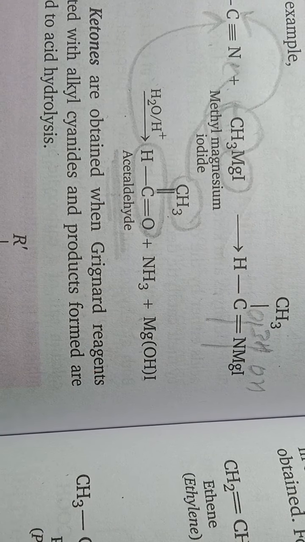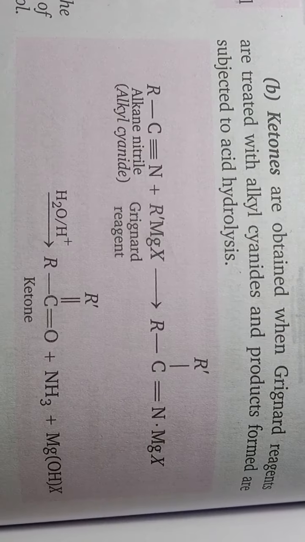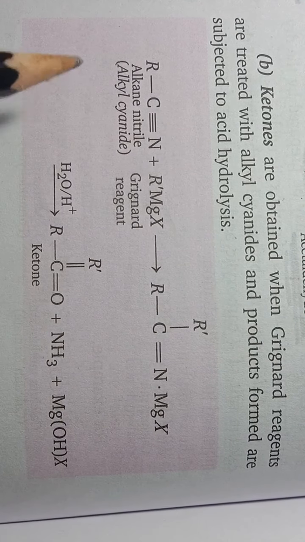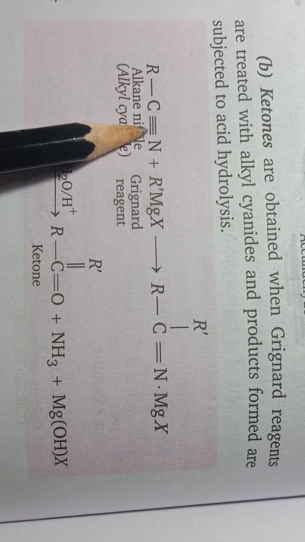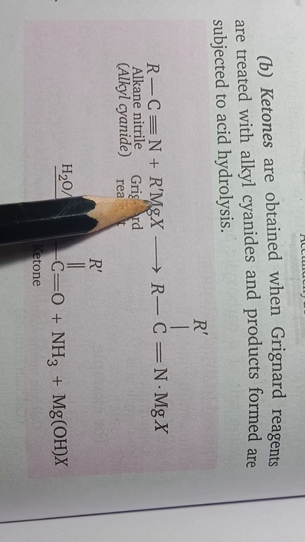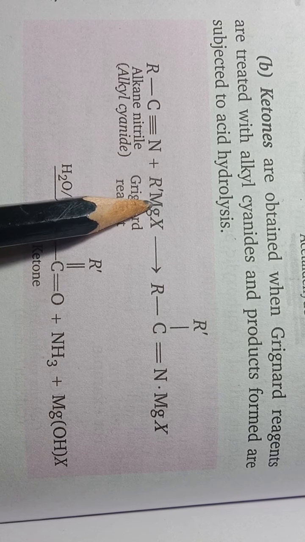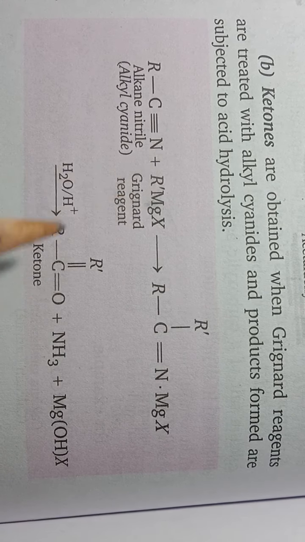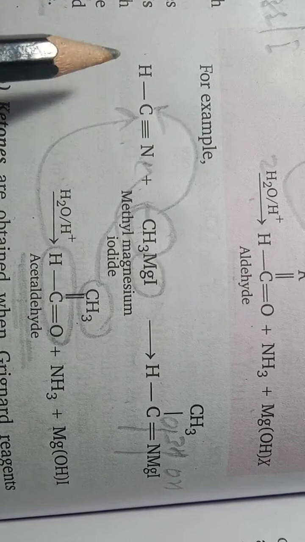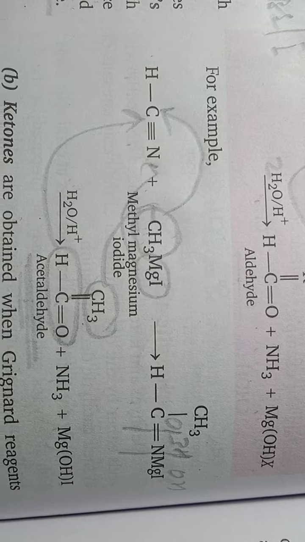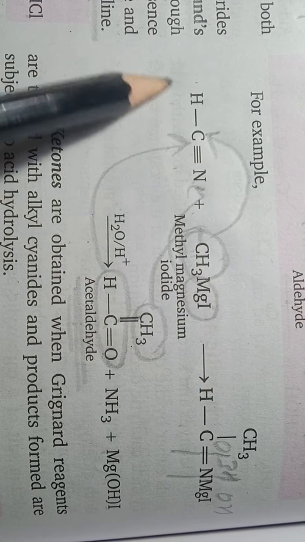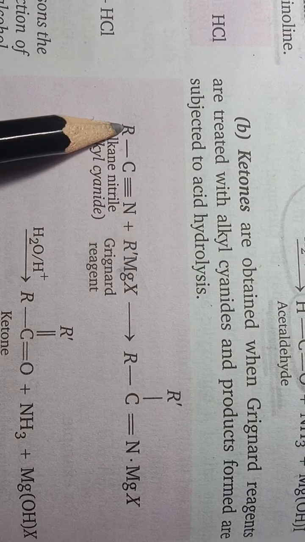Okay students, now for the preparation of ketones, you have to react alkyl nitrile with Grignard reagent. Alkyl nitrile with Grignard reagent. Okay students, so this hydrogen cyanide is changed with alkyl nitrile here, means this H is displaced by R here.